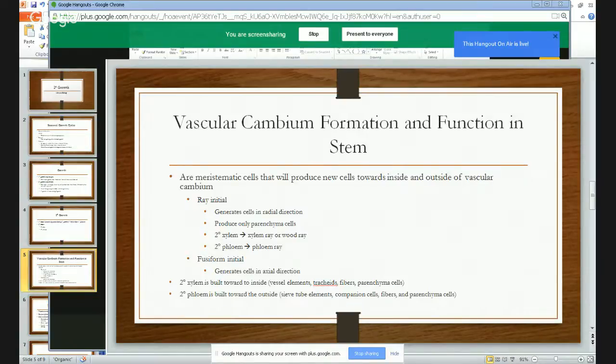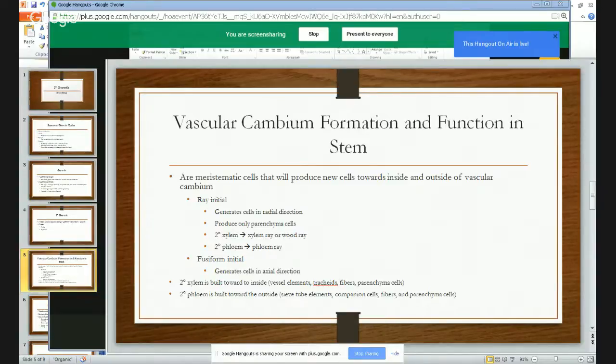So you've got both, and I'll tell you the difference. The ray initial, these guys are going to generate cells in the radial direction, which I've got a picture here in a moment.